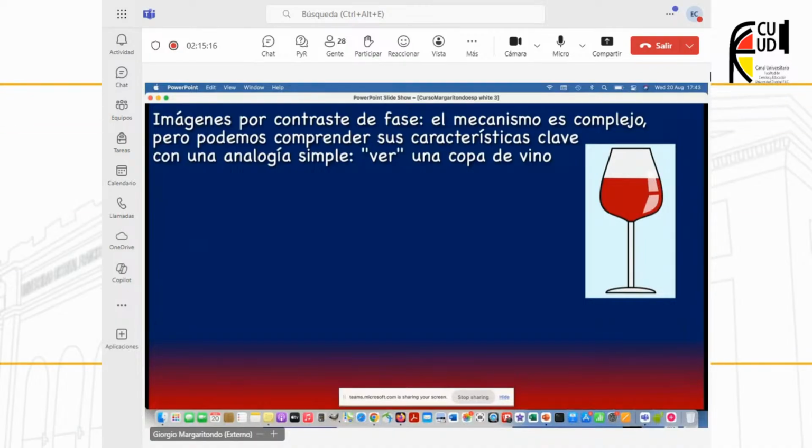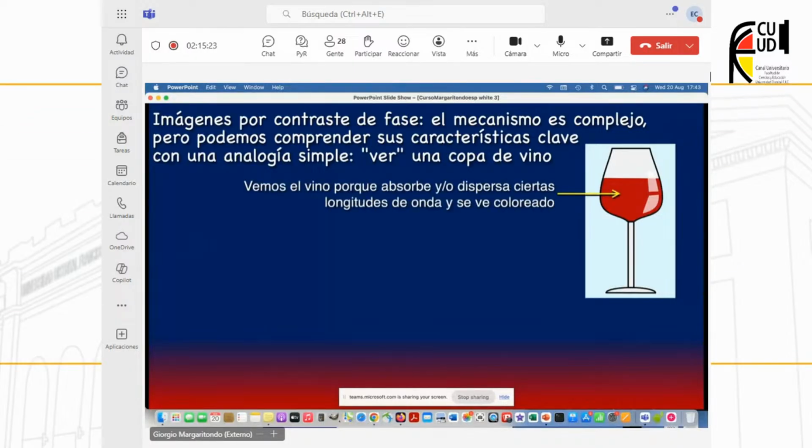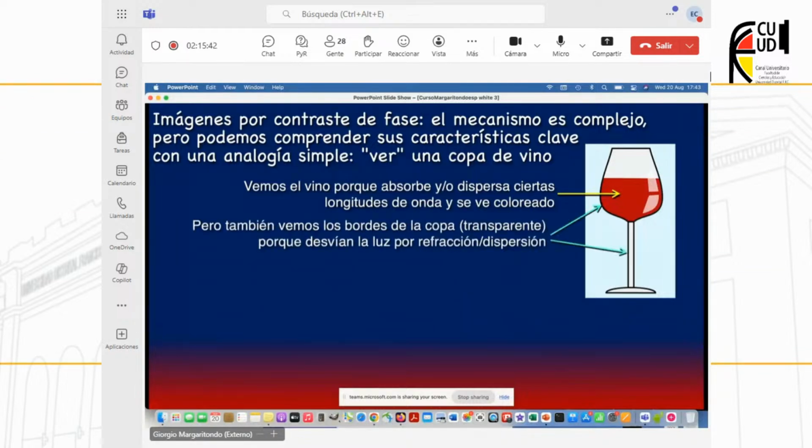Actually, there are different phenomena that are going on. First of all, there are phenomena of absorption and diffusion, scattering, that is spectrally selective, and this is what causes the red color of the red wine. But this is not the only thing that we see, because in parallel, we are also seeing edges.